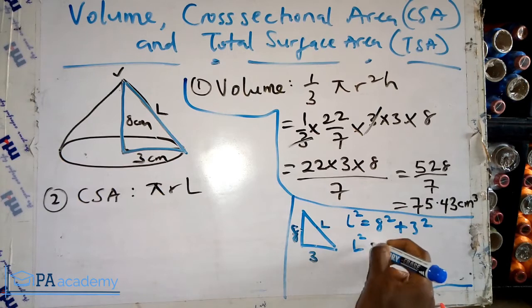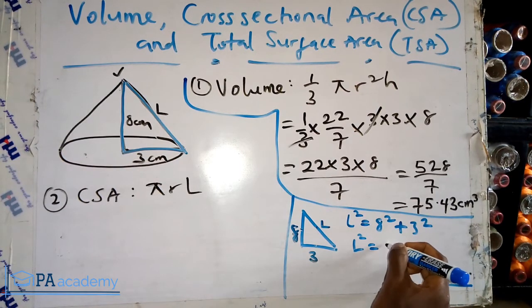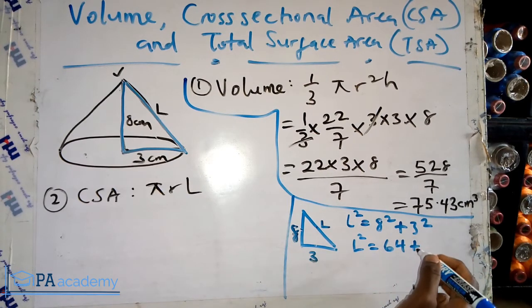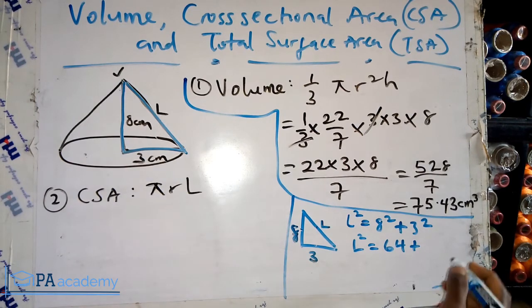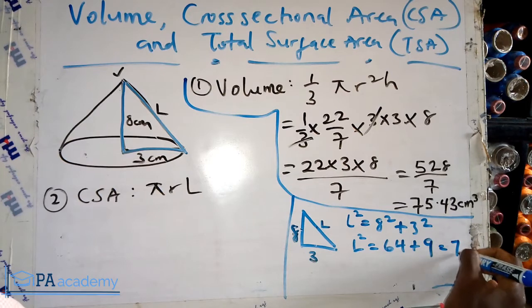So 8 square, that is 8 times 8, gives us 64, plus 3 times 3, that gives us 9. So 64 plus 9, that's 73.